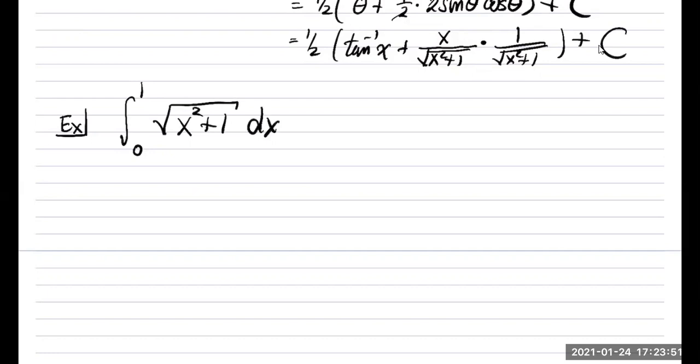Now here we have a definite integral. We have the presence of the square root of x squared plus 1, and the x squared plus 1 suggests a tangent substitution like the previous problem. Let's proceed with that. So x is equal to the tangent of theta, mindful that the angle has to be in either quadrants 1 or 4.